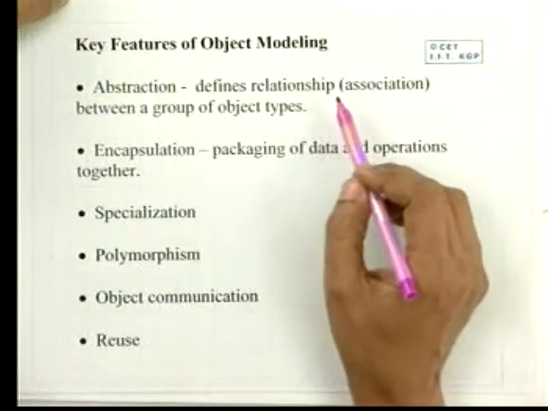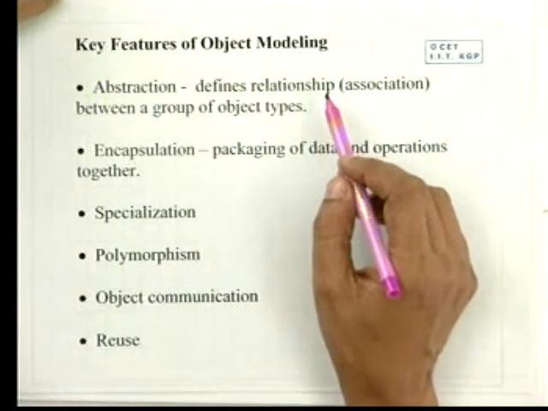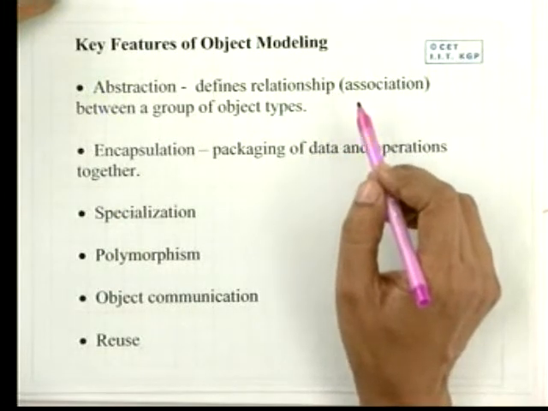Well, in the last few lectures, we looked into object modeling and the different features of object modeling. Mainly, we have discussed the different abstraction mechanisms, that is, how to define the relationships among the objects.